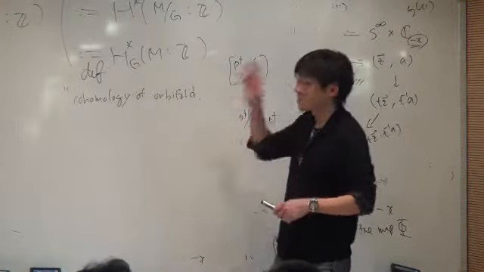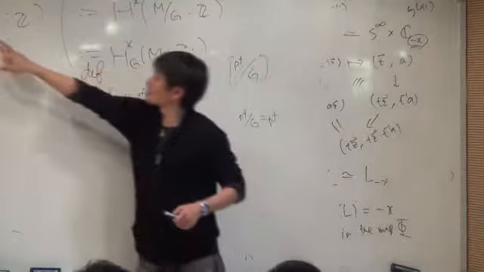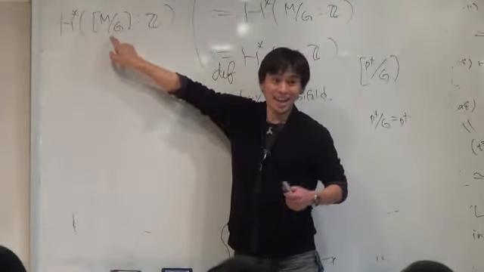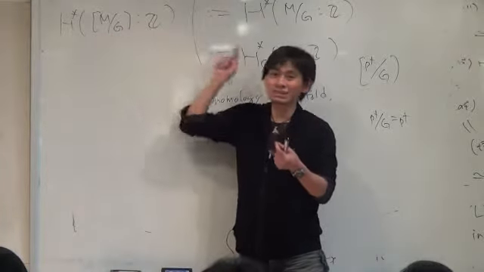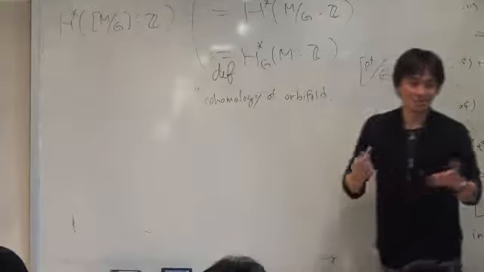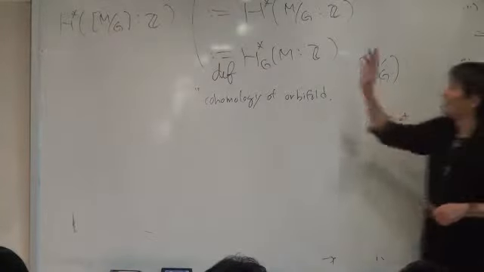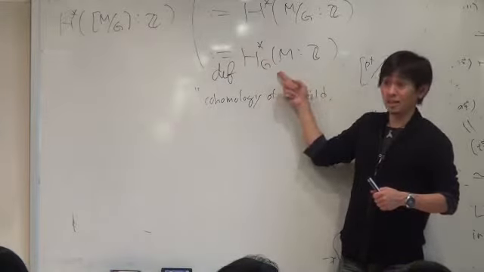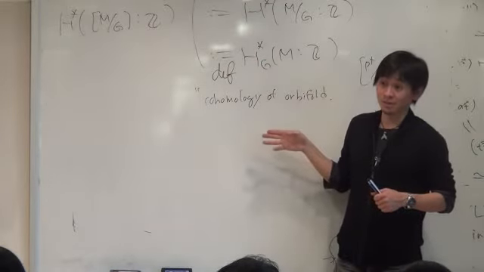Yeah, that's actually a good question. I'm choosing one presentation of this orbifold, and that's the information you lose when you go to the orbifold: this choice of presentation. So you have to choose a presentation of the orbifold as a global quotient. But what happens if you choose a different presentation?